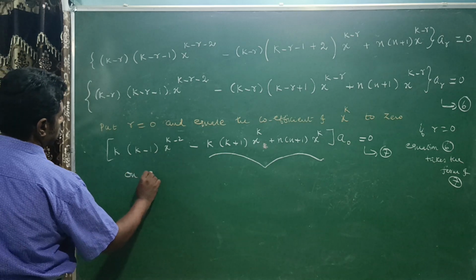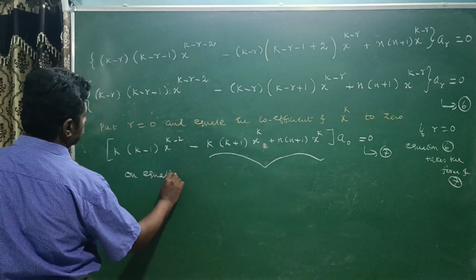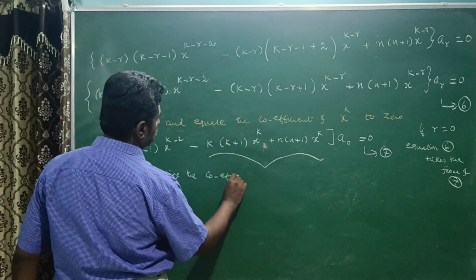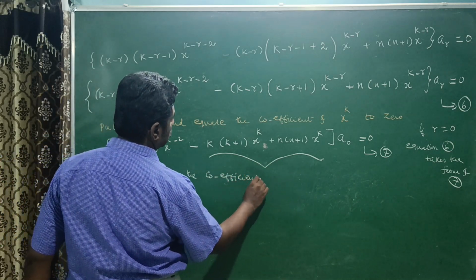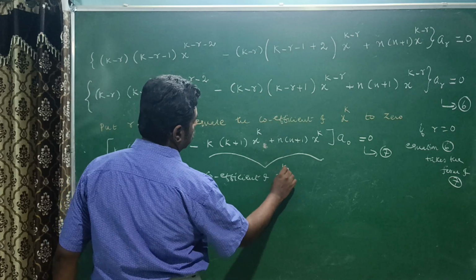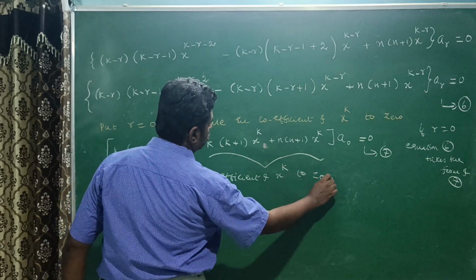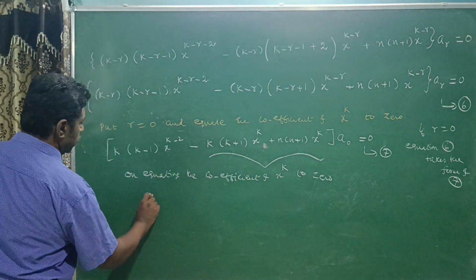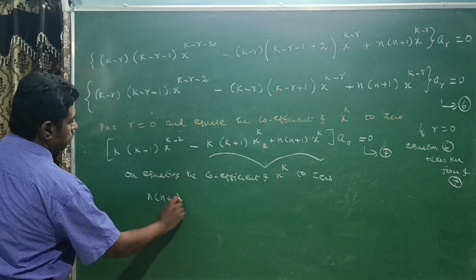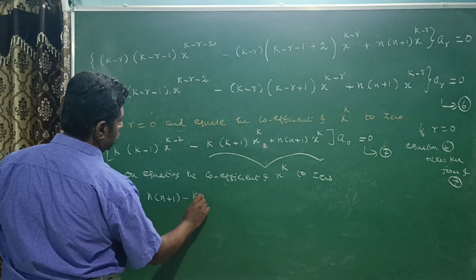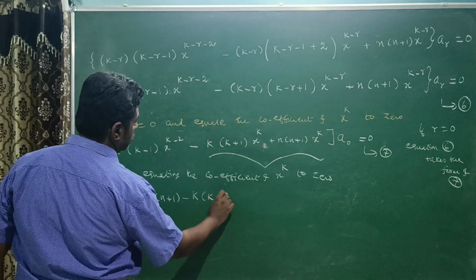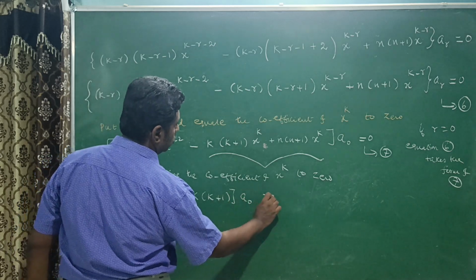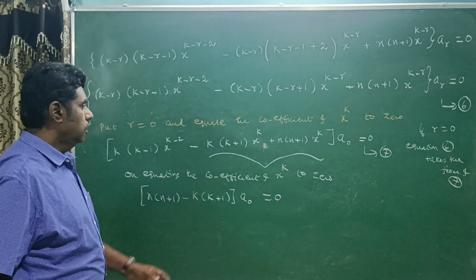On equating the coefficient of x power k to 0, we get n into n plus 1 minus k into k plus 1, entire is multiplied by a0 equal to 0.